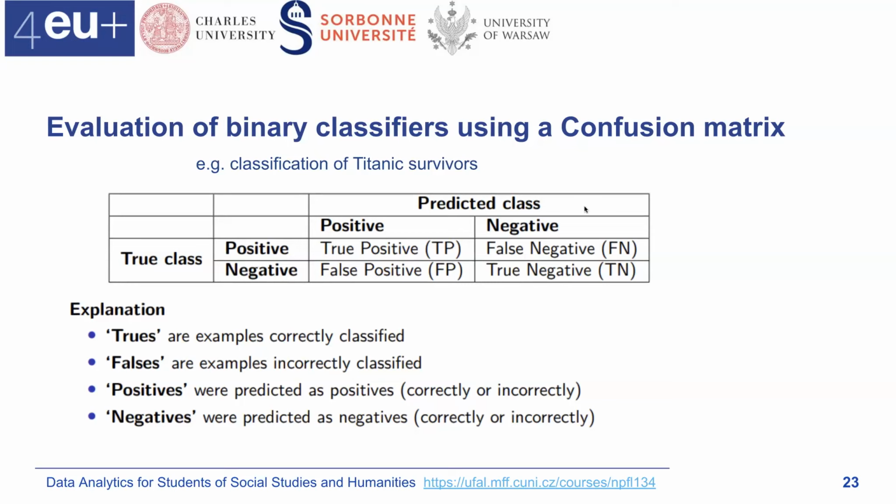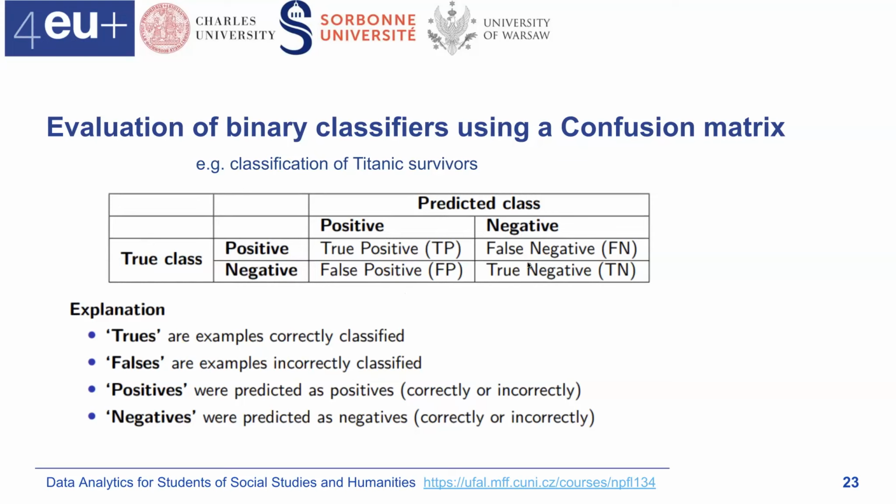In the columns, we read the predictions made by a binary classifier, right? So true class, and predicted class. The system classifies examples into the positive class and the negative class.